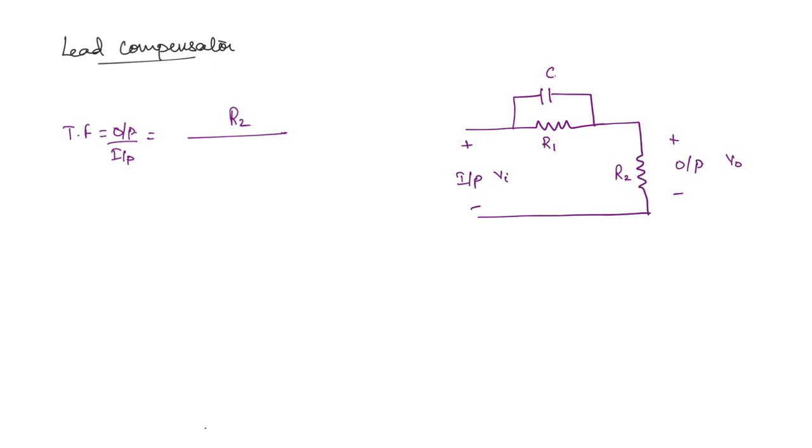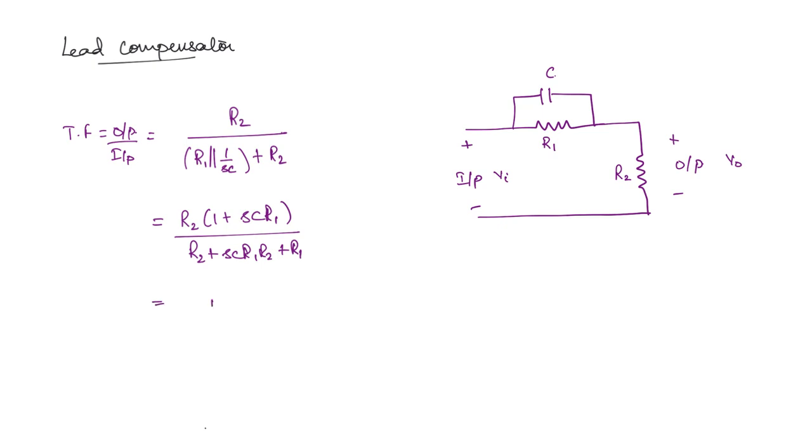So what will be R1 parallel to the capacitor? It will be R1 parallel to 1 by SC, plus R2. If you simplify, you are going to get R2 into 1 plus SC R1, divided by R2 plus SC R1 into R2 plus R1.